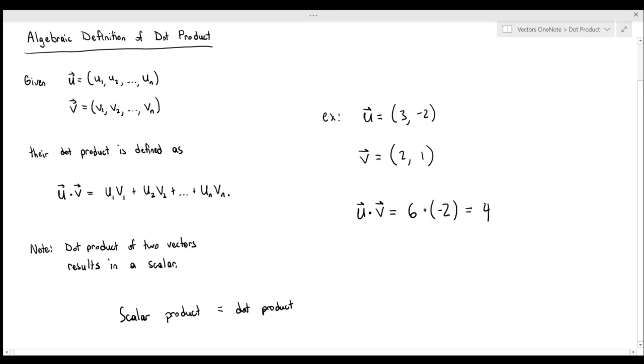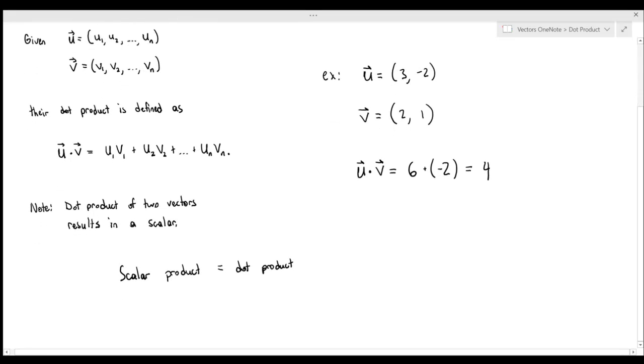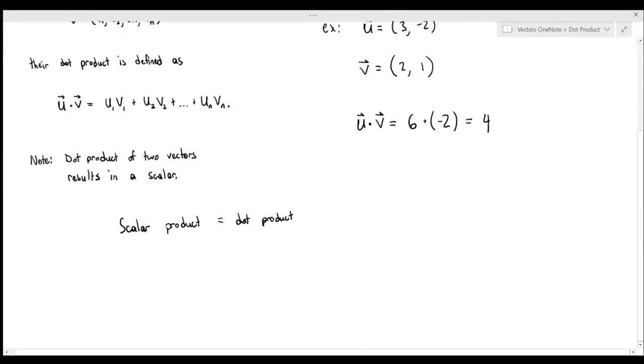And again, I want to take some time looking at the geometry associated with this operation. It turns out that the dot product has a lot of geometry associated with it.